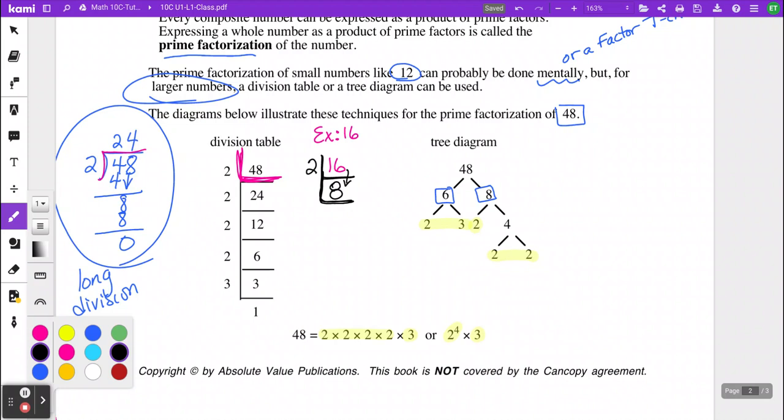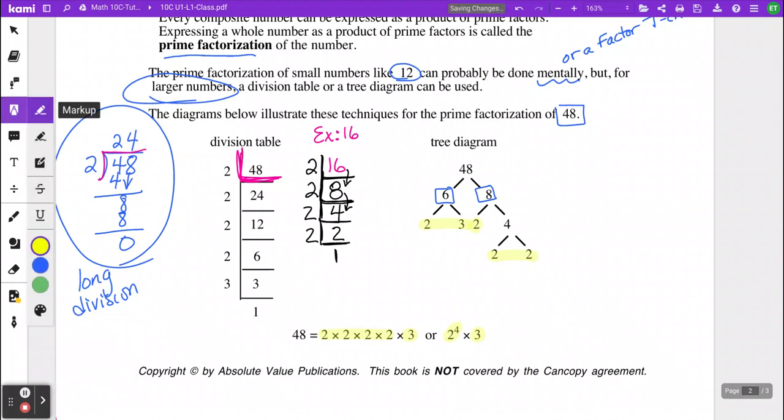So 8 can divide by 2 evenly and get a 4. 4 can also divide by 2 and become a 2. Well, 2 can also divide by 2 and become a 1. So with the division table, you always want to make sure that you get down to a 1. That's how you know you're done.